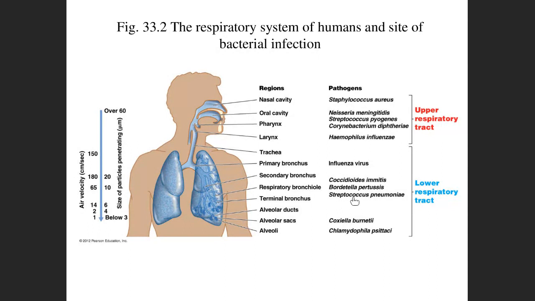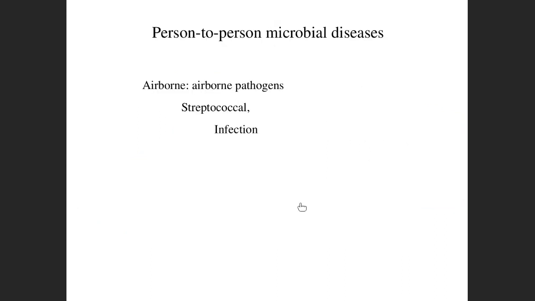Then you have Bordetella pertussis. So these are the bacteria, and then you have Chlamydia and Legionella. I'm sorry, they cause lower respiratory tract infection. And so we're going to look at one particular streptococcal infection.